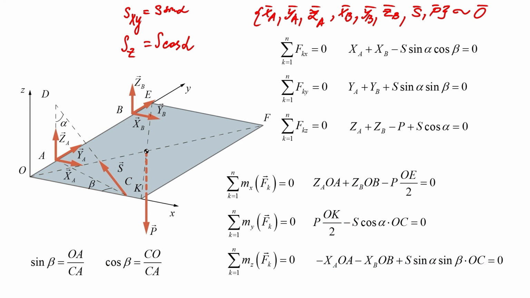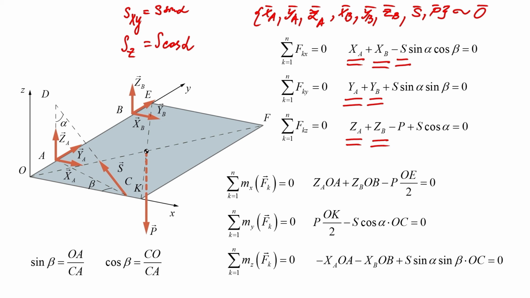We have obtained the system of 6 equations with 7 unknowns. Let us count the unknowns: XA, XB, YA, YB, S, ZA, and ZB.